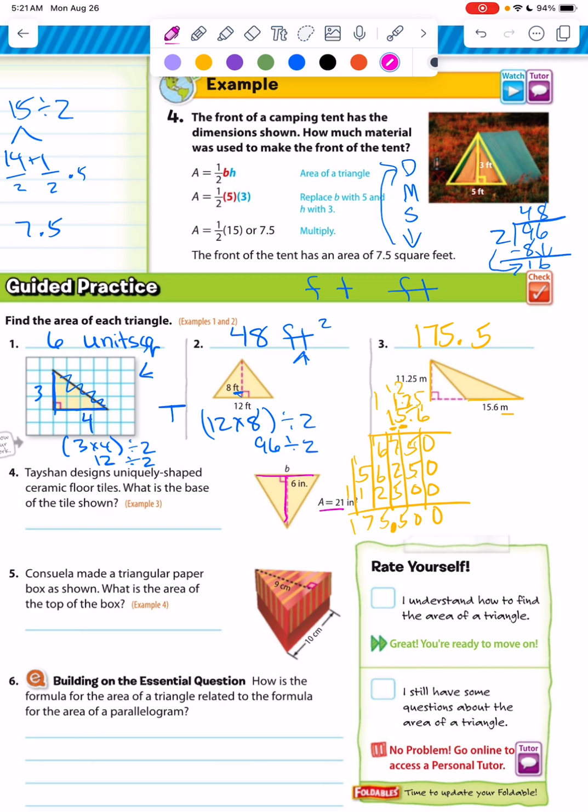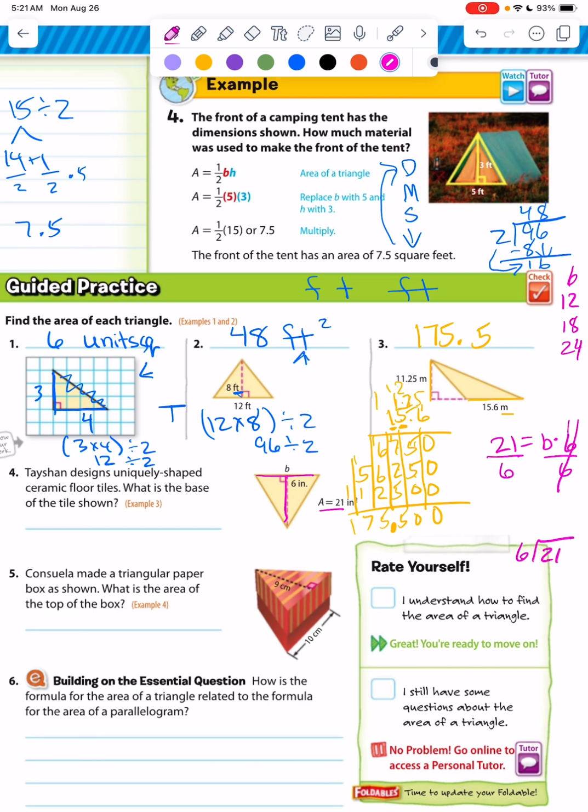So this is going to be 21 equals base times height, base times 6. We'll divide by 6. That cancels that out. Divide by 6. Does 6 go into 21 evenly? 6, 12, 18, 24. No. Okay, so let's do the long division.